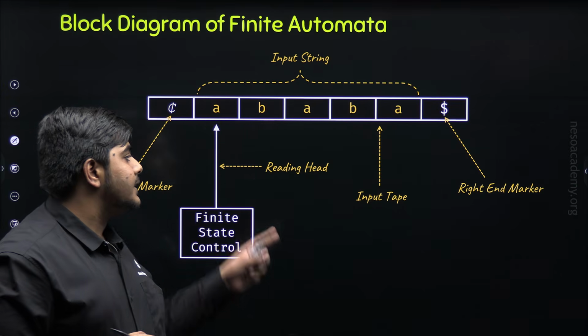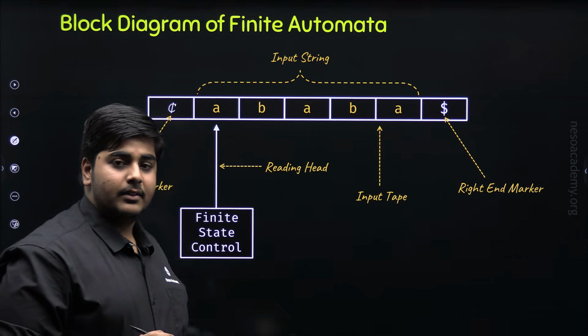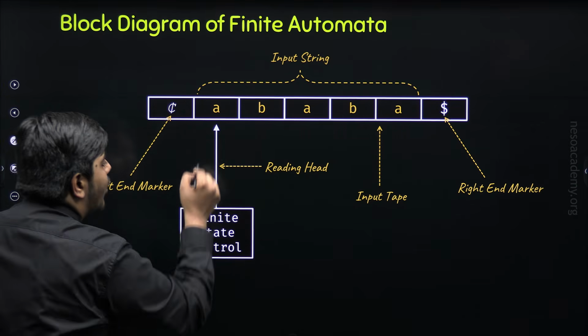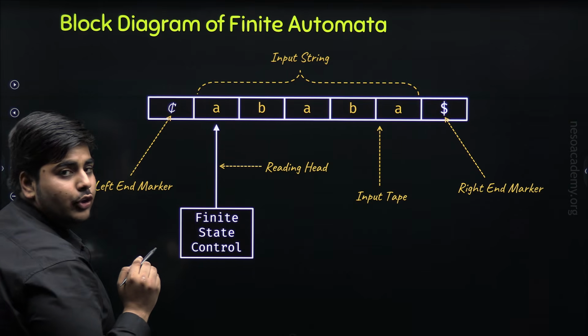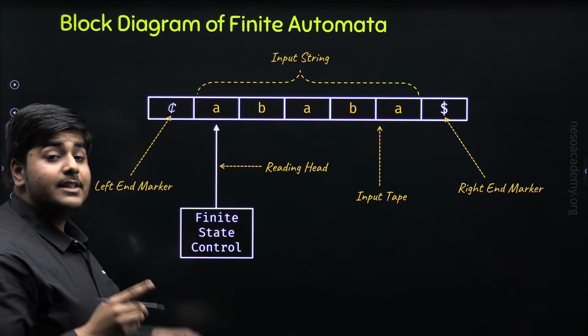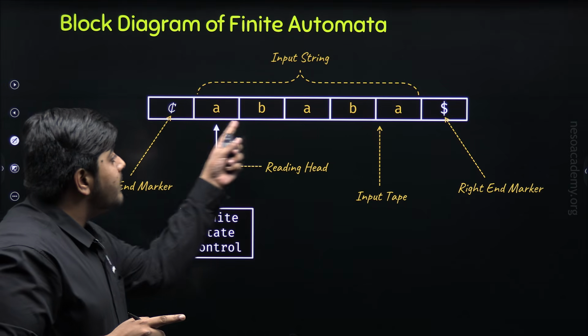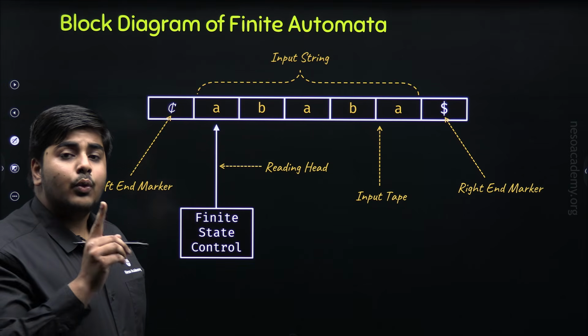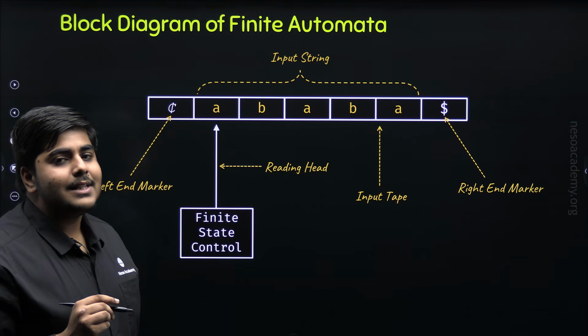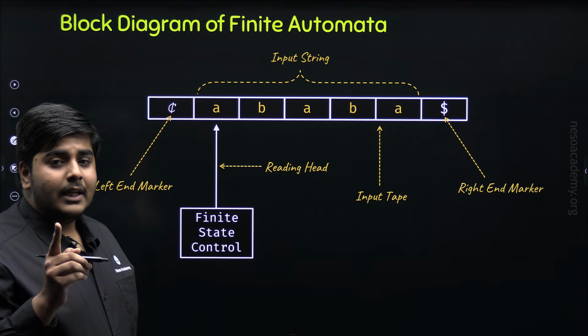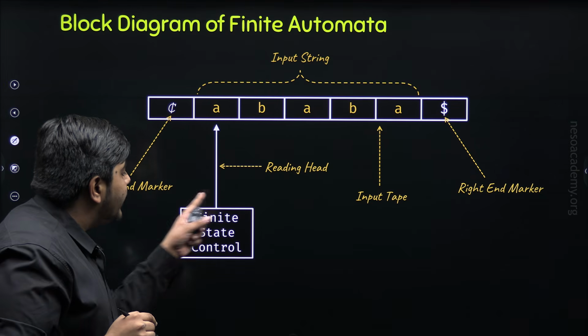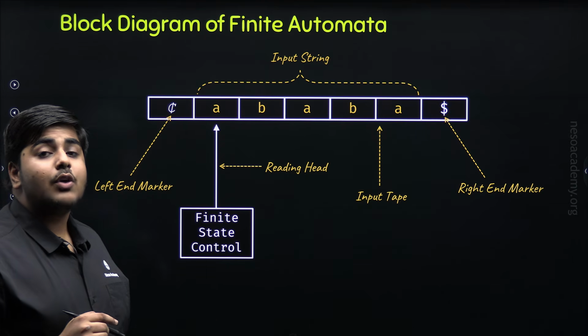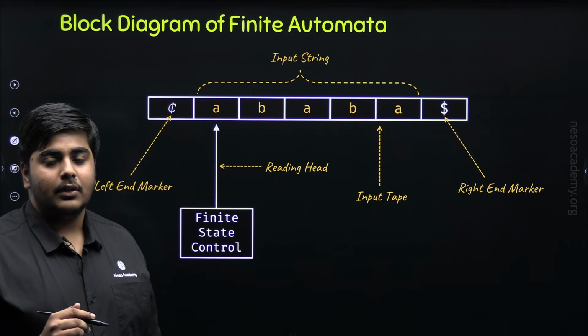Now let's discuss the second component, which is the reading head. This is called as the reading head of finite automata. And this is used to read the symbols from the input string one by one to process our input string. Now let's see the third component of finite automata, which is called as finite state control.